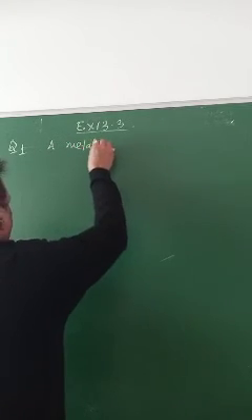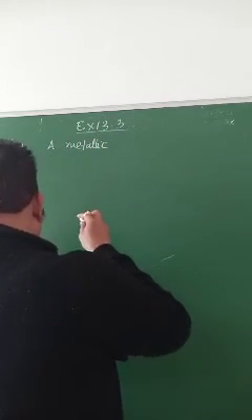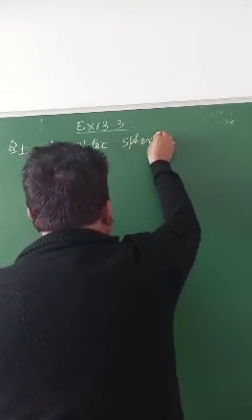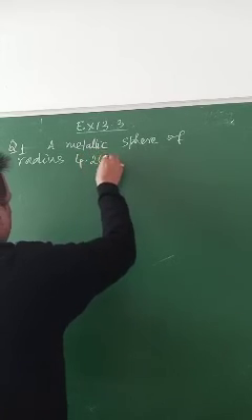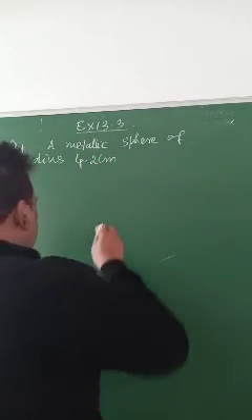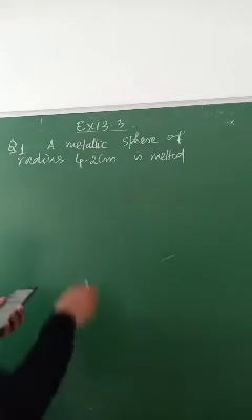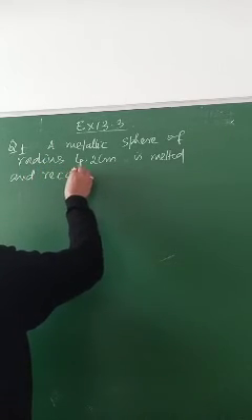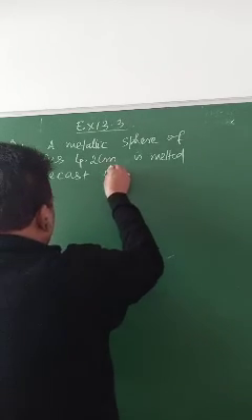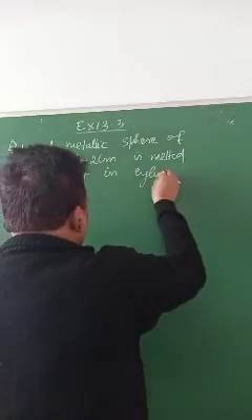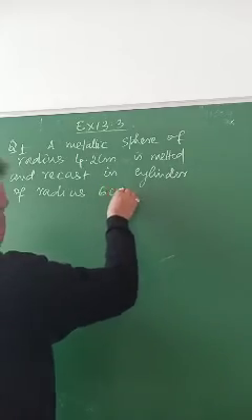A metallic sphere of radius 4.2 centimeter is melted and recast into a cylinder of radius 6 centimeter.